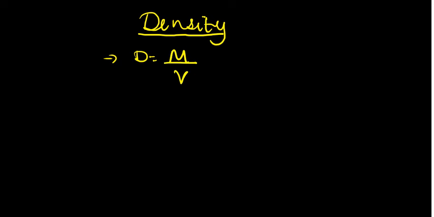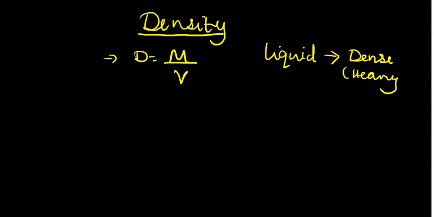Water is a very strange and at the same time unique element, because when you look at the density of water as a liquid, it is actually dense, meaning it's heavy in a way. Let me use simple terms, meaning there is more mass that is occupied in that volume.